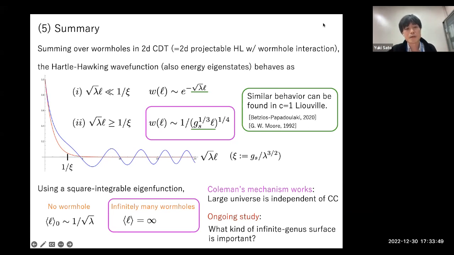There are some studies, but it is quite difficult to determine the relation because we cannot perform analytic computations for higher-dimensional CDT. That's the main reason.